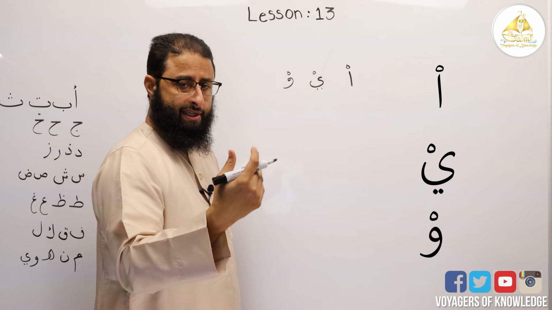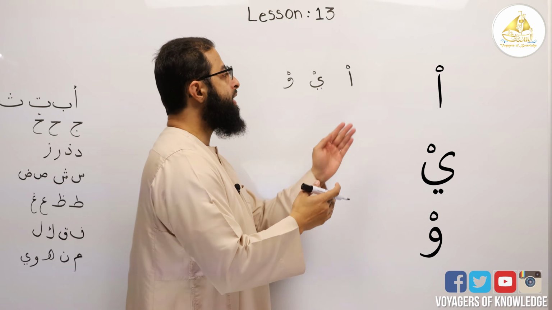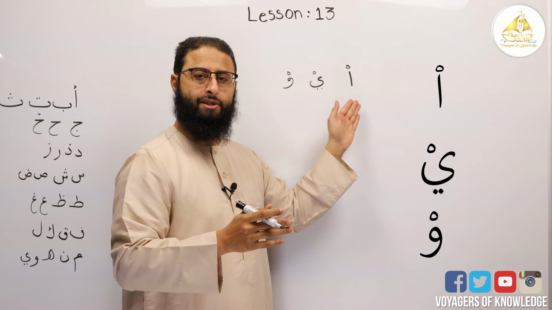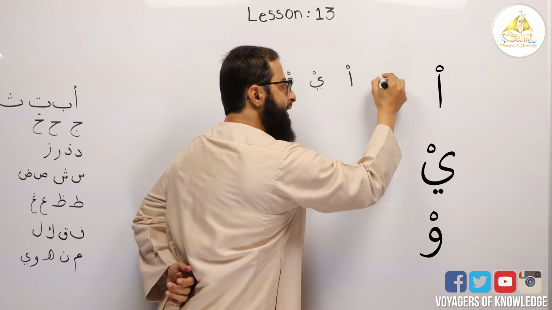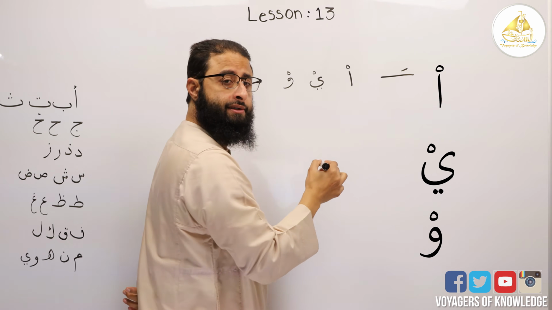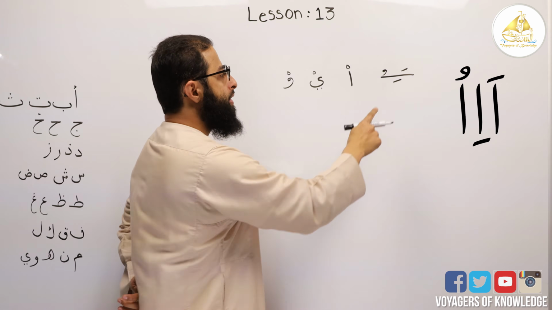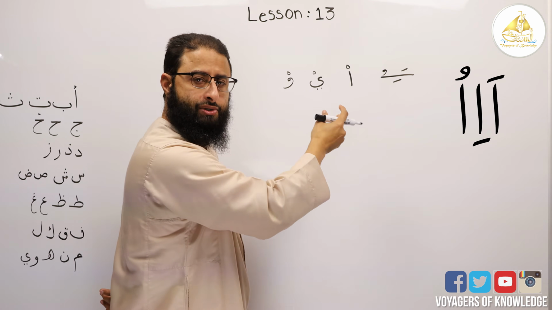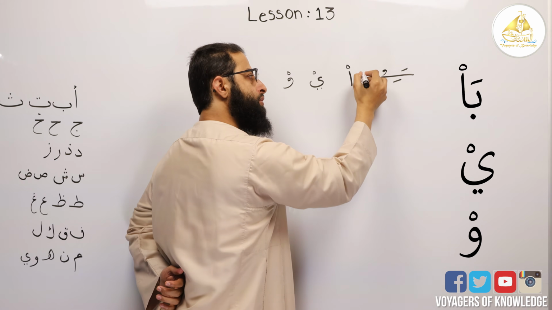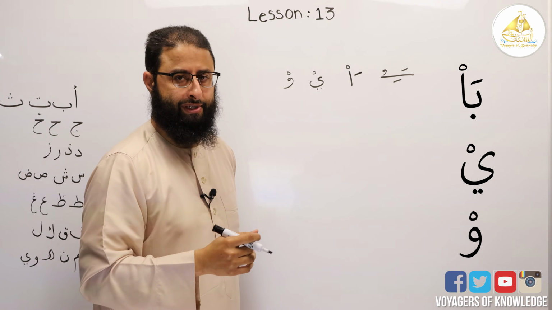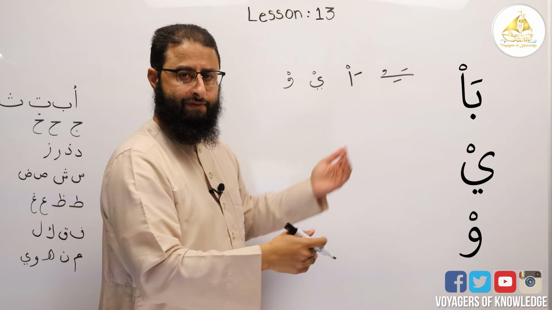What's the second condition for each? Well, we want to choose the haraka that sounds the closest to each letter. And so remember, the harakat that we took were fatha, kasra, and dhamma. We learned that the fatha sounds closer to alif. So alif needs to have sukoon. The letter before it, whatever that letter may be, has to have a fatha. That's how you get the long alif sound.